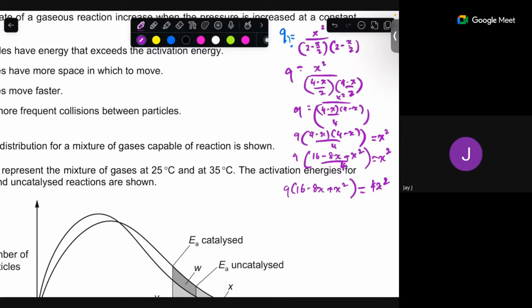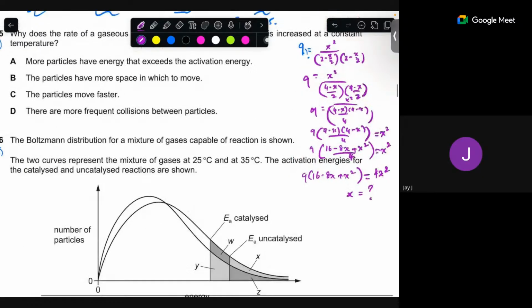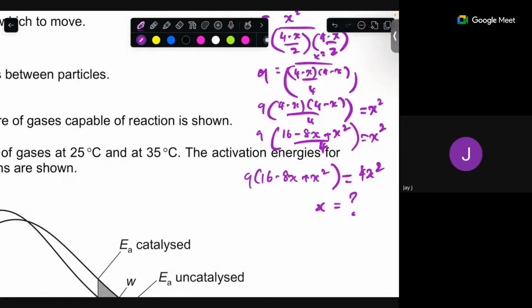Help me to calculate. What is X? Use your scientific calculator.